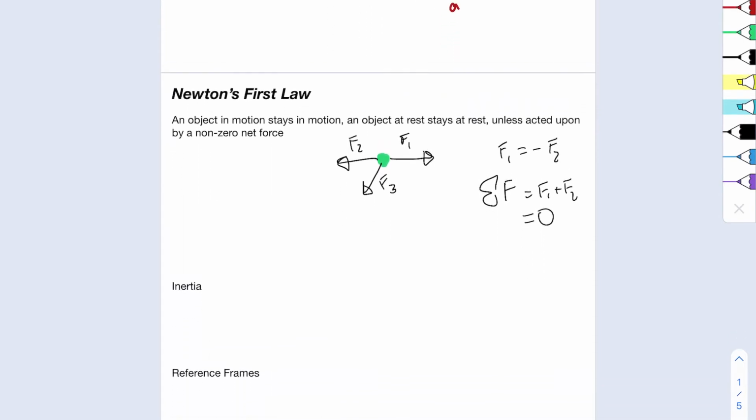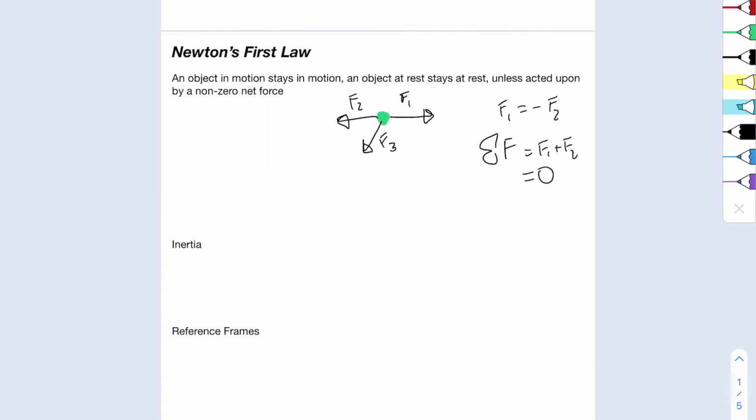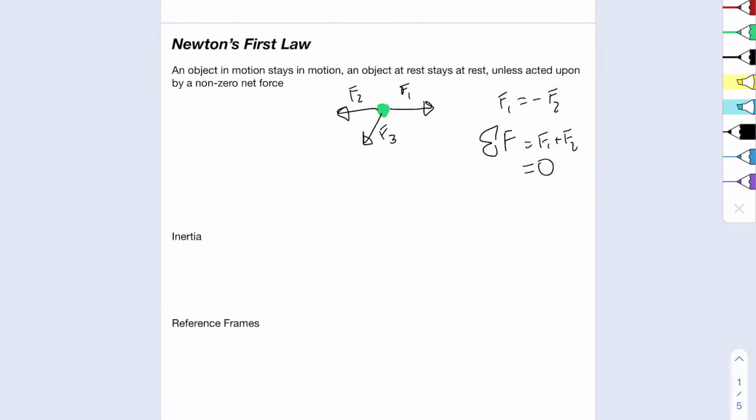Now, a very important thing to note when it comes to Newton's first law is the idea of inertial reference frames. You may remember from kinematics, position has to be defined relative to some origin. So let's have a good old coordinate axes, your x-axis and your y-axis, and let's say we have another tennis ball right over here.